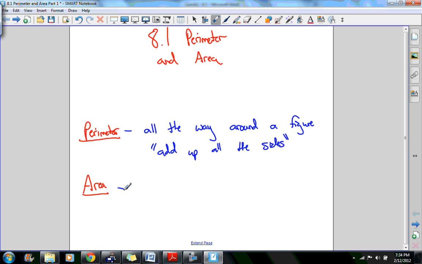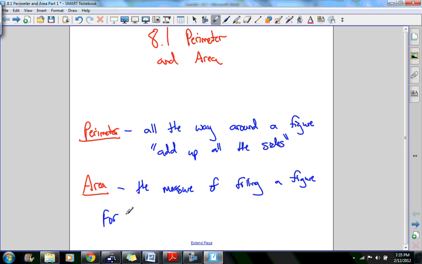And the area then is going to be, how do I say this? Let's use the measure of filling a figure. And the area has different formulas.